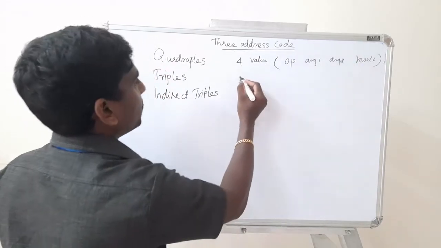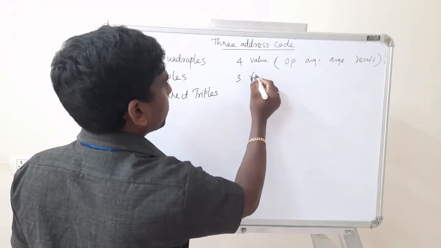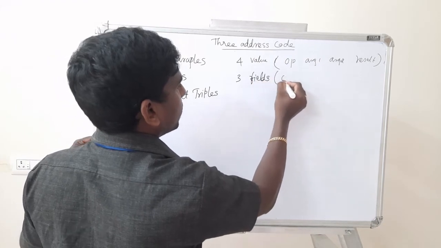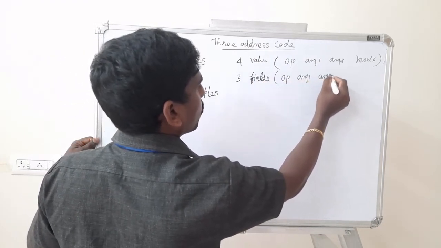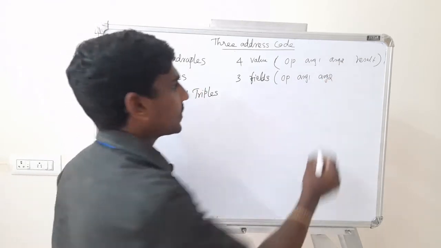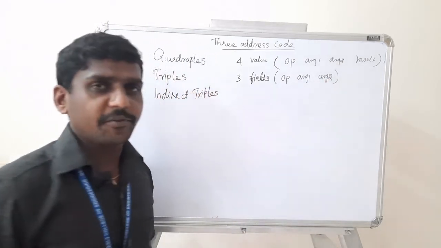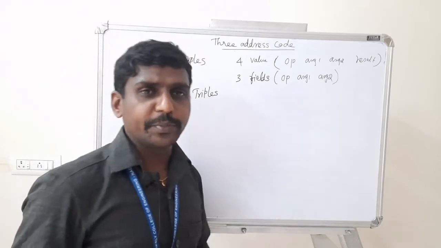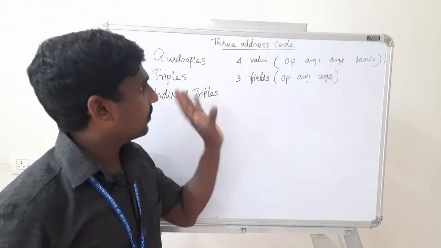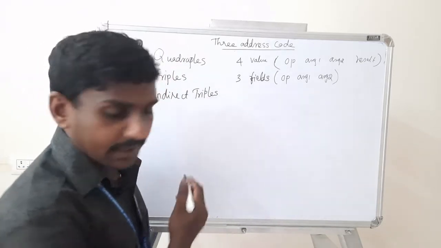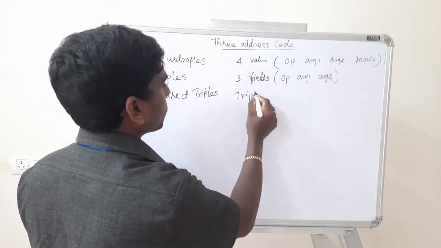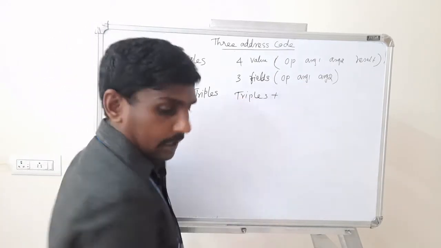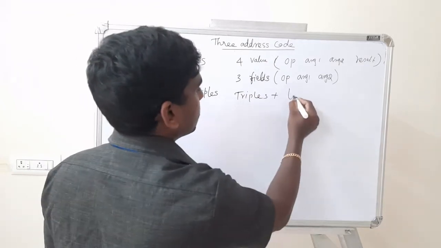Triples means it has 3 fields: operator, argument 1 and argument 2. There is no result field. So instead of the result field, the values are going to be used for implementing 3 address code. Indirect triples means triples plus a list of pointers.